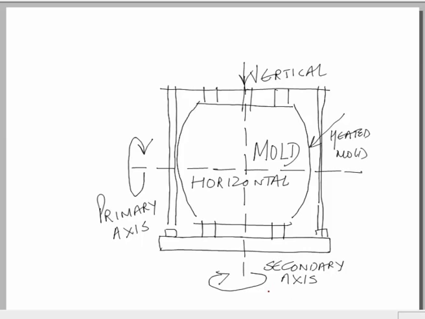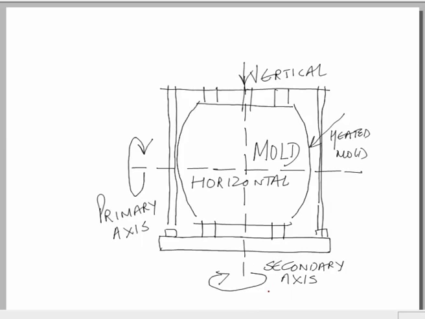But certainly under the influence of the forces that are generated because of the rotation about the primary and the secondary axis, the material would be thrown out towards the walls of the mold, and it will take the shape of the walls of the mold, and finally after opening the mold the product would be taken out.